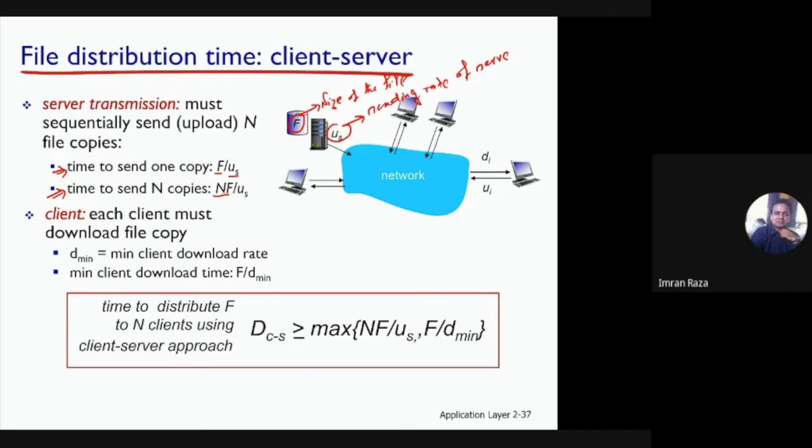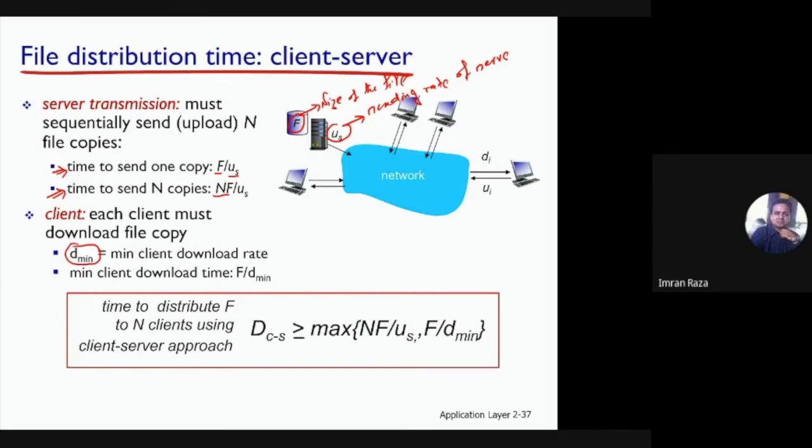Similarly, if we talk about the time required by a client to download a copy of the file, that is what we know: d min is the minimum client download rate, right?